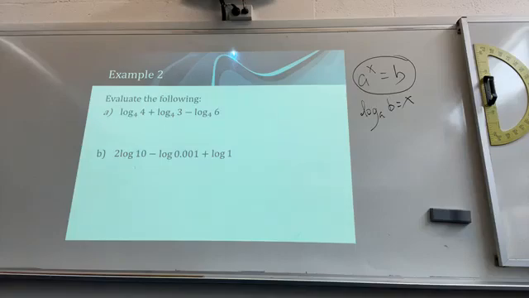Log of half, that's right, 3 over 6. Log of half is what? What is half in terms of 4? How do you write half in terms of 4? 4 to the power of? Negative half. Negative half, thank you.